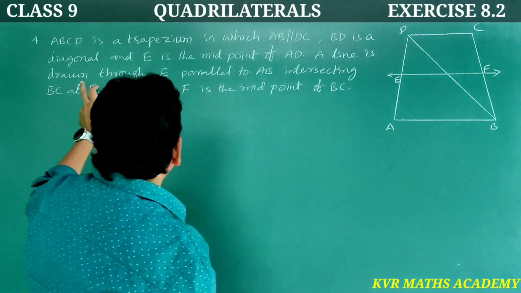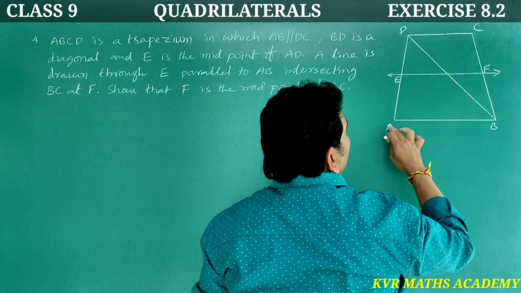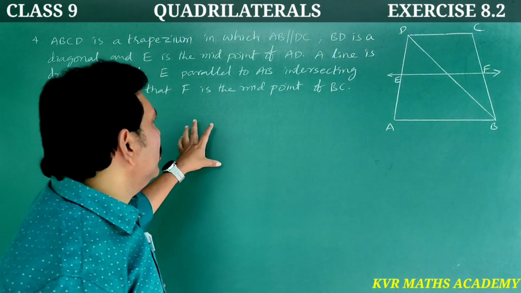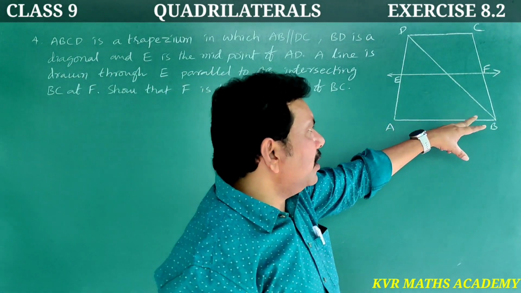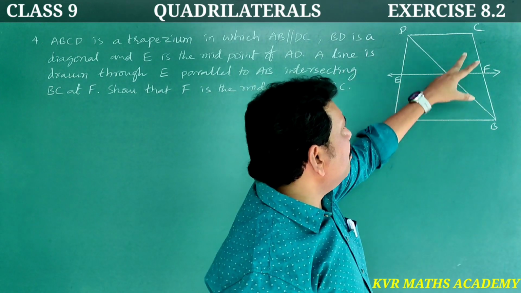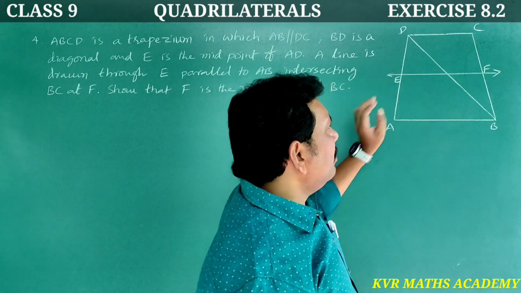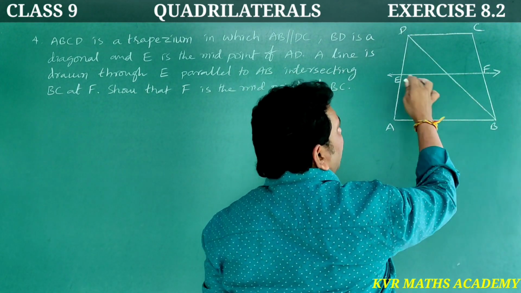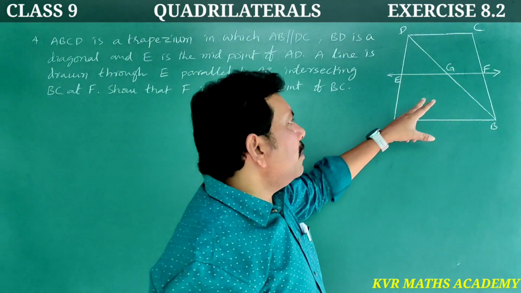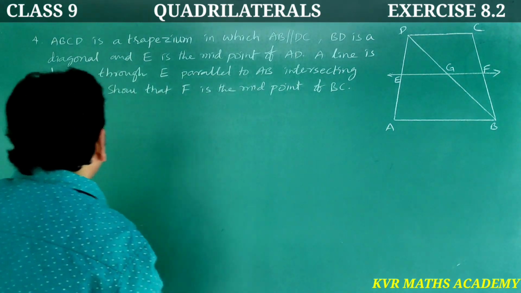A line is drawn through E parallel to AB, intersecting BC at F. We are asked to show that F is the midpoint of BC. Here AB and DC are parallel, and EF is also parallel, as given. BD is a diagonal, so let us say BD and EF intersect at G. Finally we have to prove that F is the midpoint of BC, right? Let us prove.